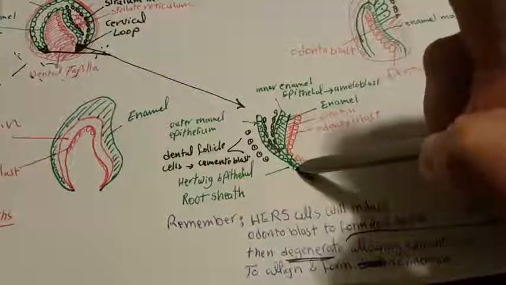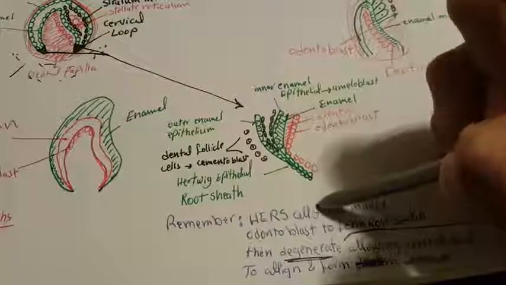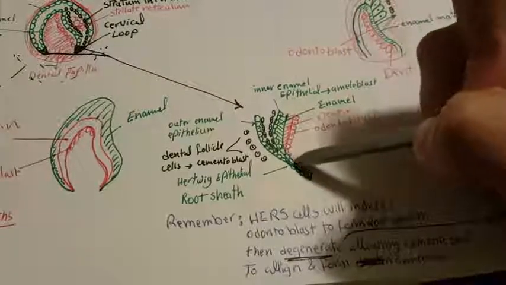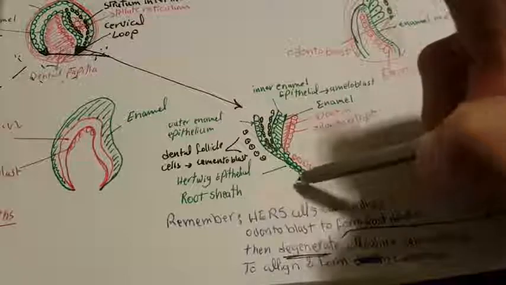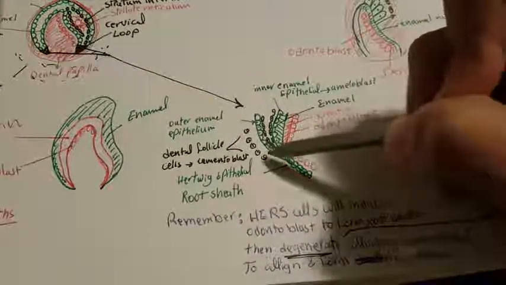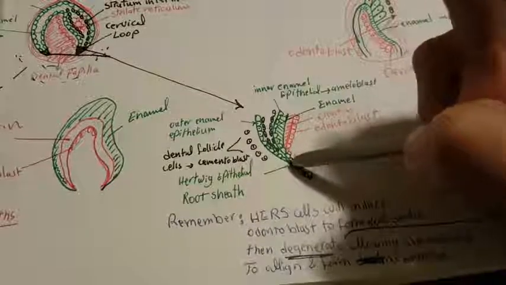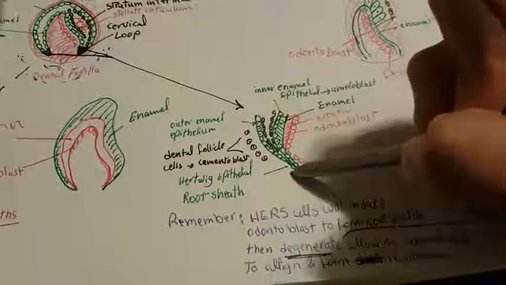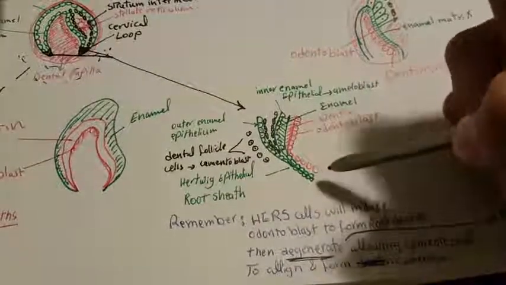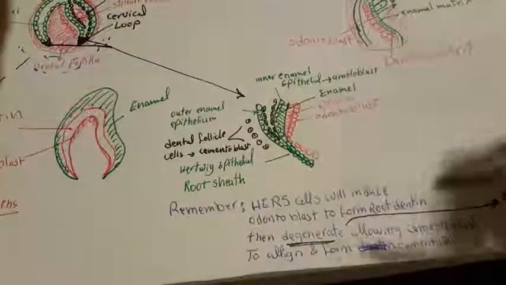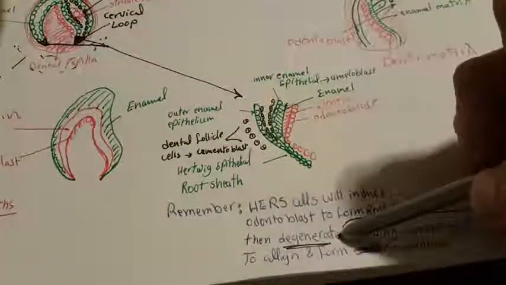Imagine the dentine is formed, then these cells start to degenerate, and the cementoblast starts to deposit cementum on the surface of the dentine of the root. By the way, they don't completely degenerate.